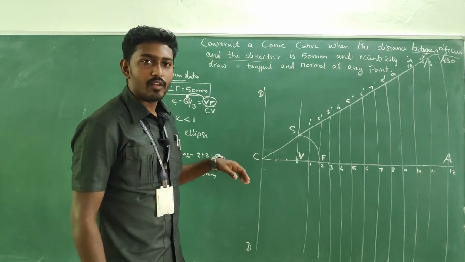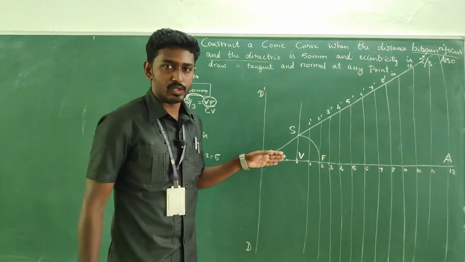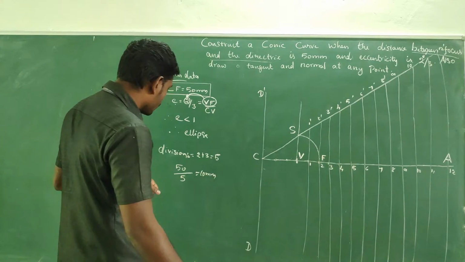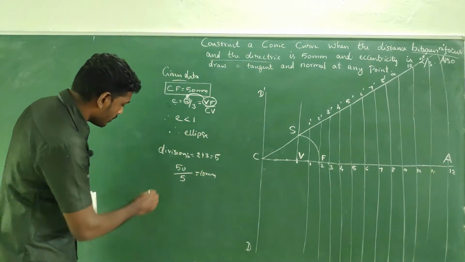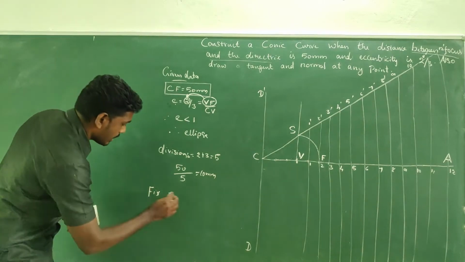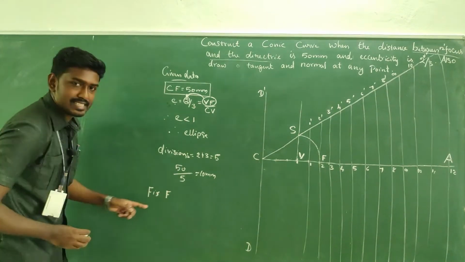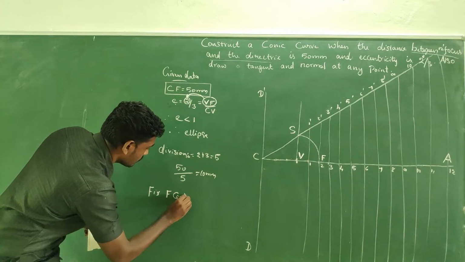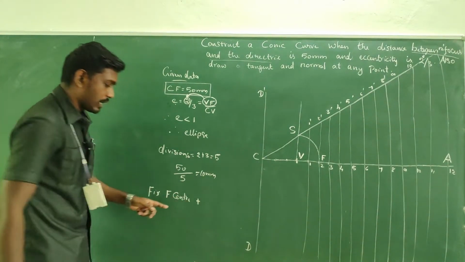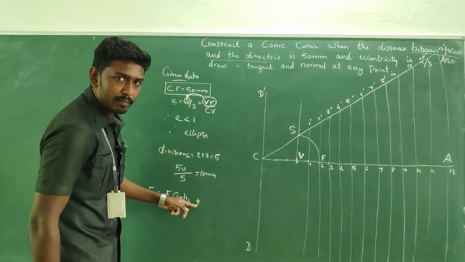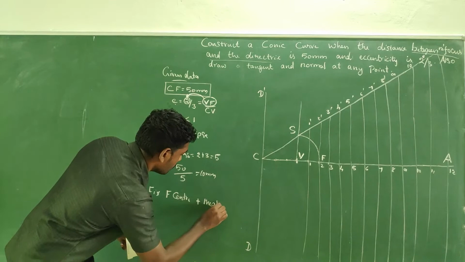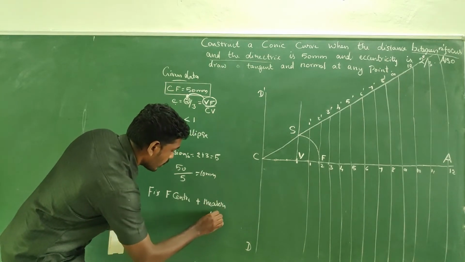Next we can pick the points. To pick the points, we follow this procedure. We take focus F as the center, always, and we measure the respective lines. Measure 1 to 1 dash first.